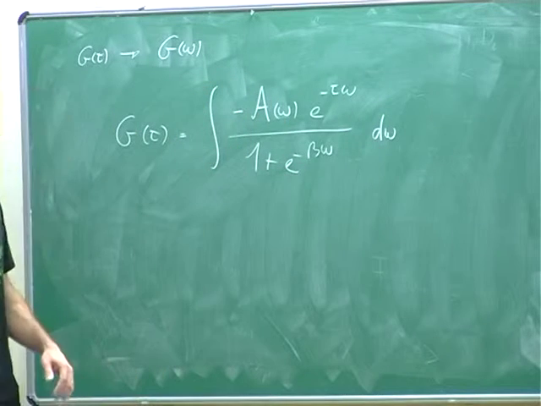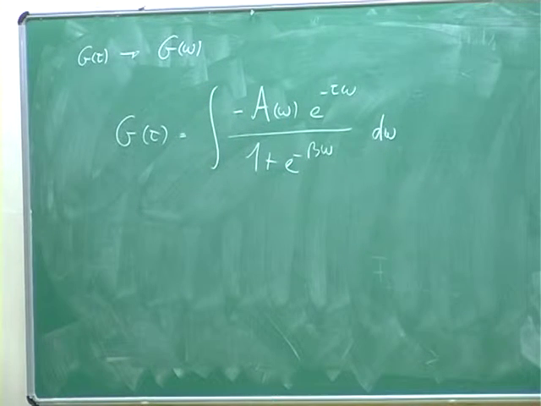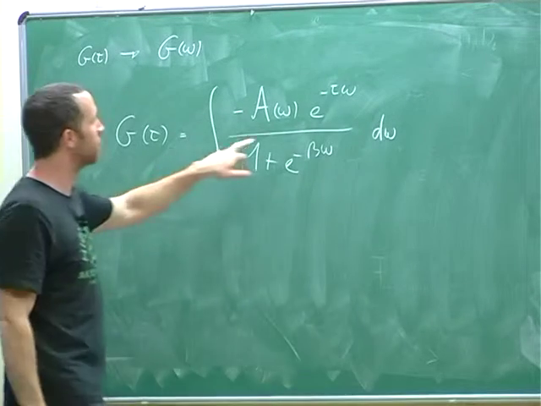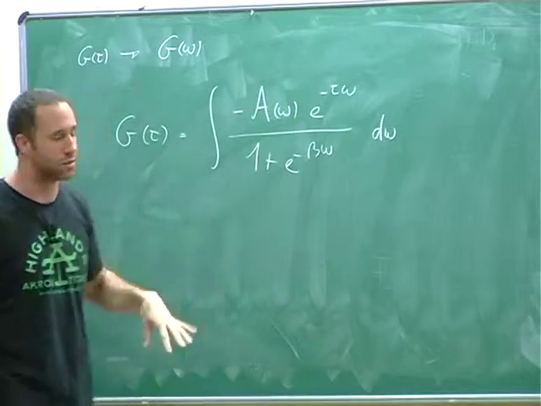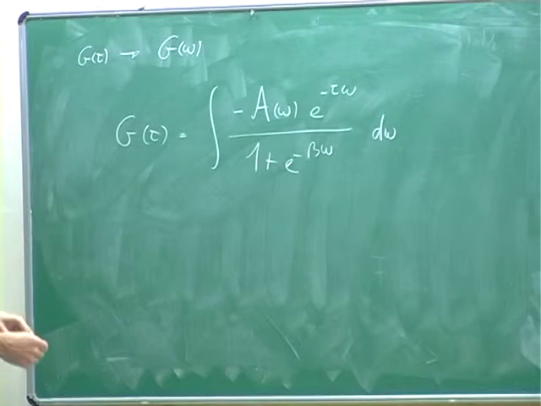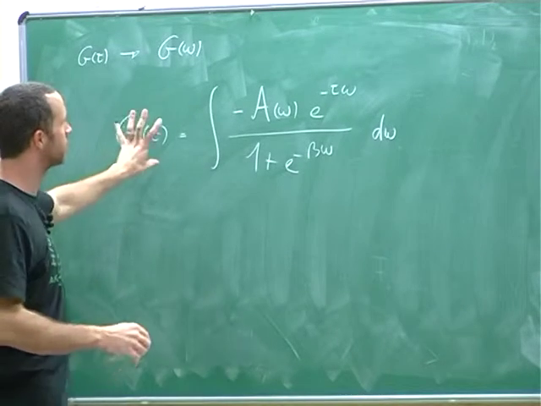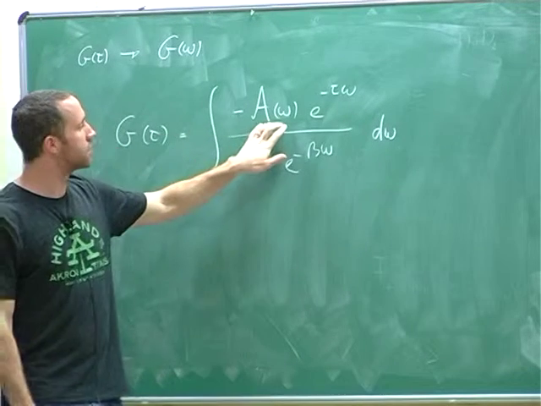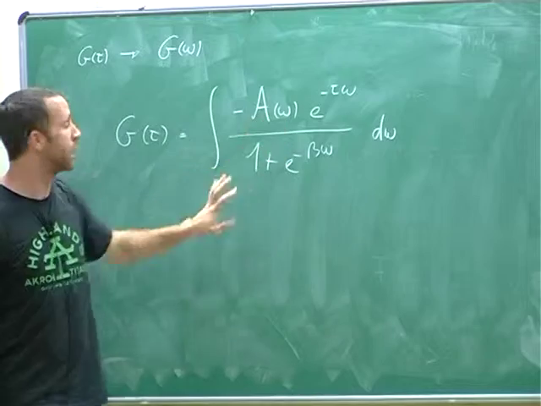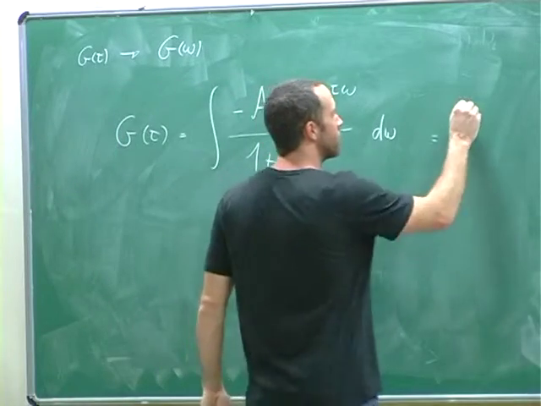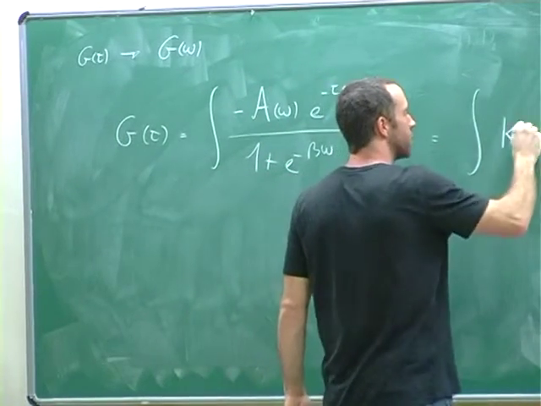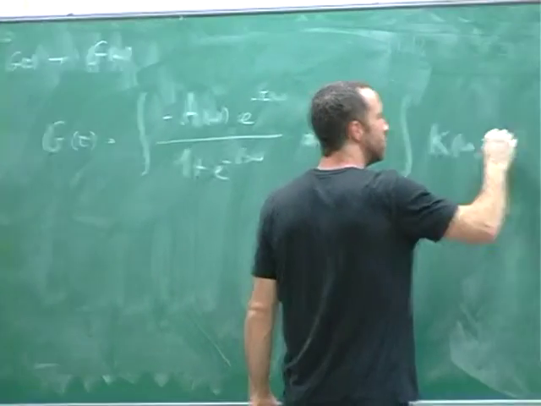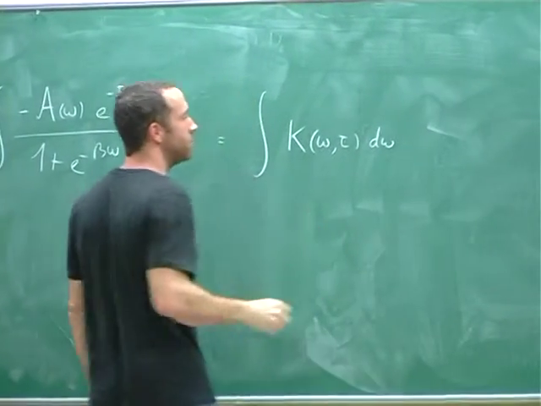It's bad when omega is large anyway because of this term. So that's the expression. You see, this is G of tau expressed as a function of A of omega. This I can write as an integral equation with some kernel K of omega and tau, d omega.